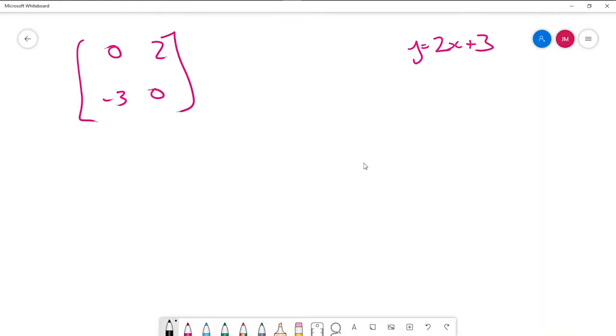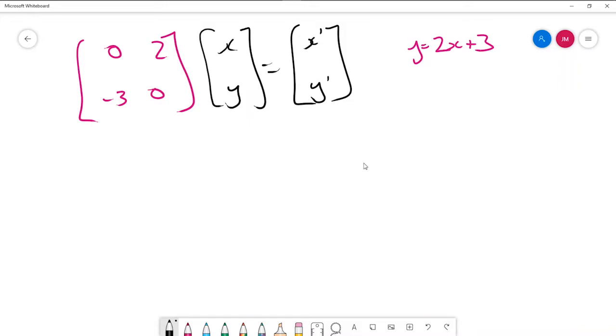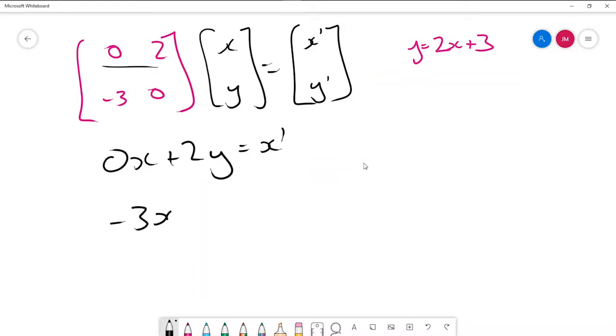So we've got the transformation matrix (0, 2, negative 3, 0), and we need to find the equation of y equals 2x plus 3 under this transformation. So if we put in our x, y values and set that to the image, then let's expand this out. Going first row by first column, we get 0x plus 2y equals the image for x, and then negative 3x plus 0y equals the image for y.